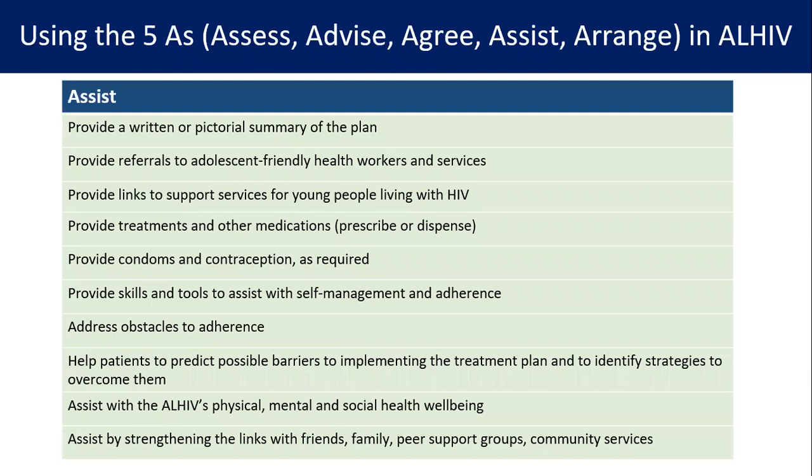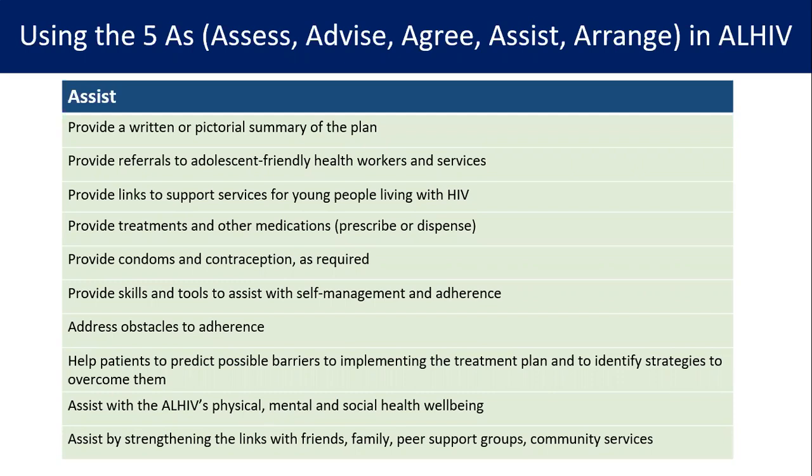We always assist, provide a written or pictorial summary of the plan, provide referral to adolescent-friendly healthcare workers and services, provide links to support services, provide treatment and other medications, and also provide condoms and contraception if required, if they are indulging in sexual practices.